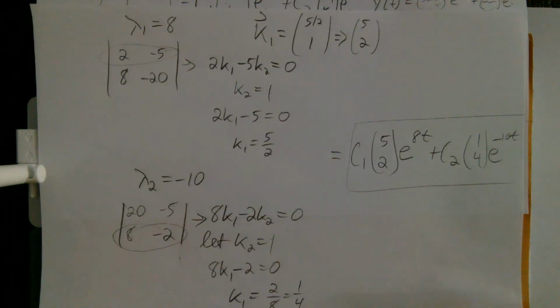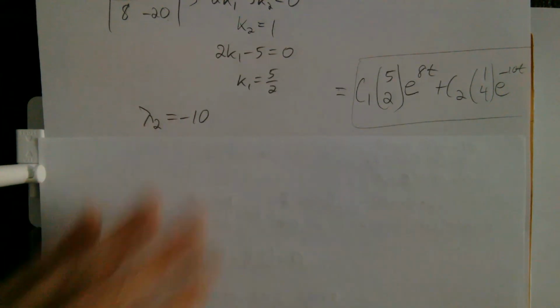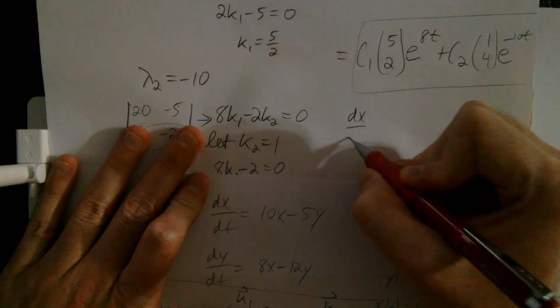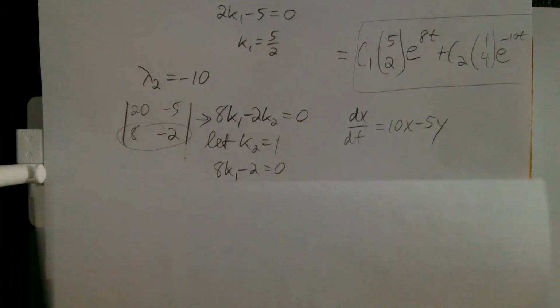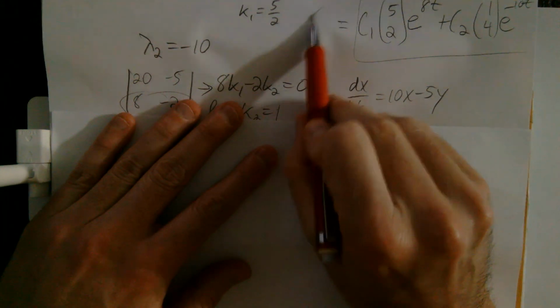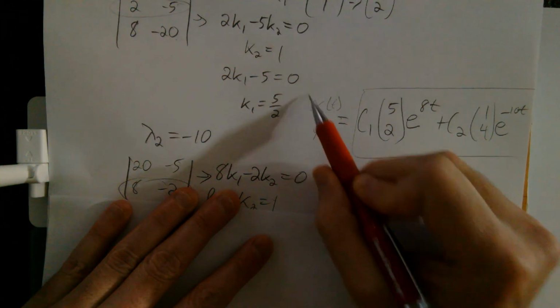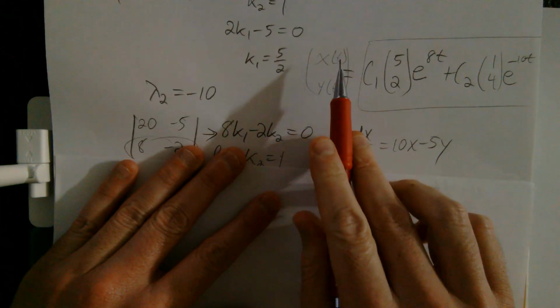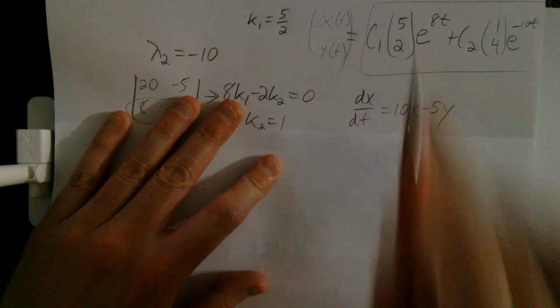Now that should be guaranteed to work if I test it. Remember our original equation. Let's just test one of these here. dx/dt equals 10x minus 5y. Let's test that, make sure that works, and you can go ahead and test the other one. So x of t, y of t. These are two vectors here, our two equations. So x of t is the top parts, the x components.